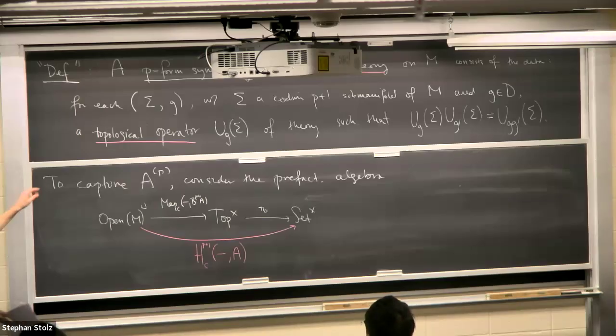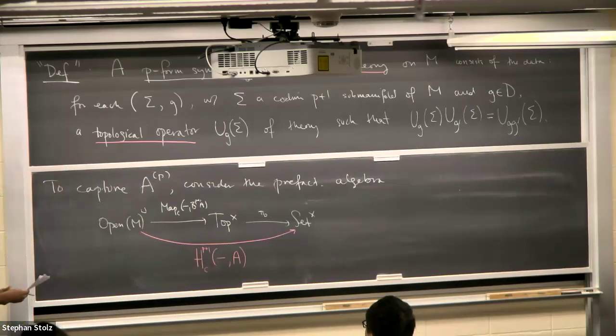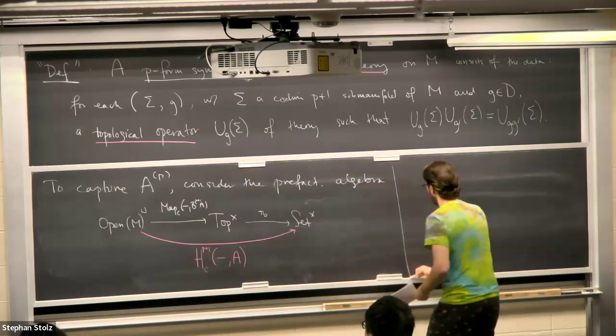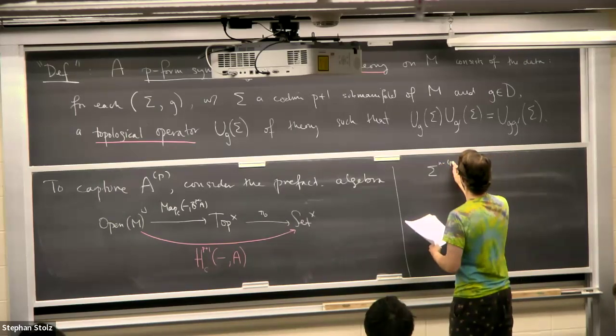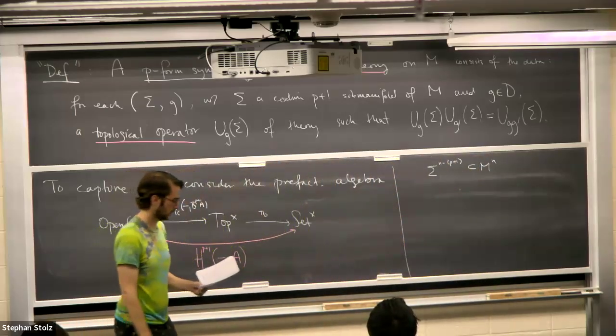Now, the analysis we did in the p equals 0 case carries over. So let's just kind of do it. Suppose I take sigma, a codimension p+1 submanifold.